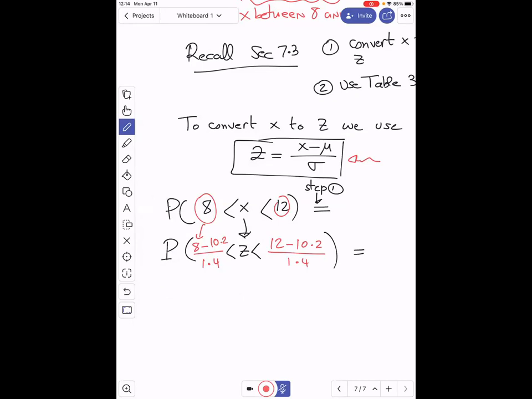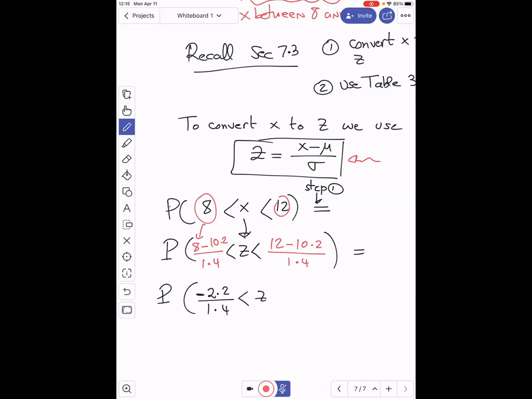So 8 minus 10.2 will be negative, negative 2.2, sorry, I said 2.4 but it was 2.2, divided by 1.4. Yes, thank you, Annie. And it's negative 1.57.